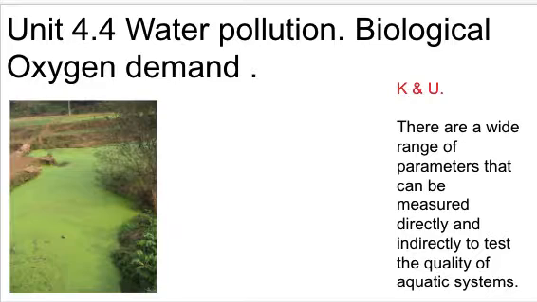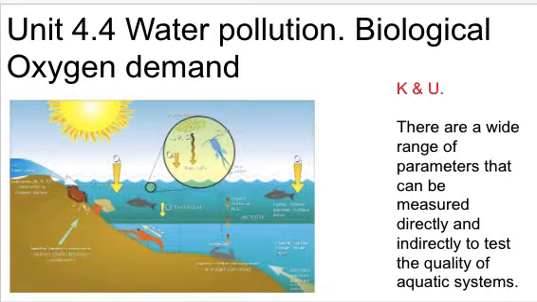Just to review that, there are a wide range of parameters that are used to measure water quality, both directly and indirectly. This is really the case of the more data that you can have, the better. It's not so good just to rely on one data set. It's good to have multiple data sets taken multiple times and in multiple locations.